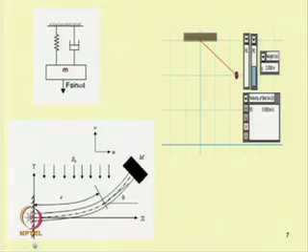For example, let us take Coulomb damping. Let us take a spring mass damper system with Coulomb damping. This is a spring and this is the mass, which is moving on this surface.